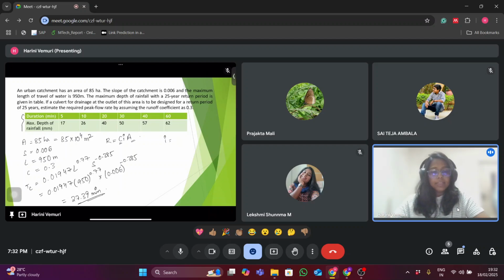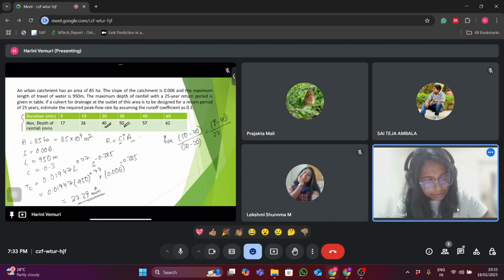We know that for 20 minutes the rainfall depth is 40 mm, and for 30 minutes it is 50 mm. So by interpolation we will calculate the rainfall depth at 27.39 minutes. Using linear interpolation, (50 minus 40) by (30 minus 20) is equal to (P minus 40) by (27.39 minus 20).